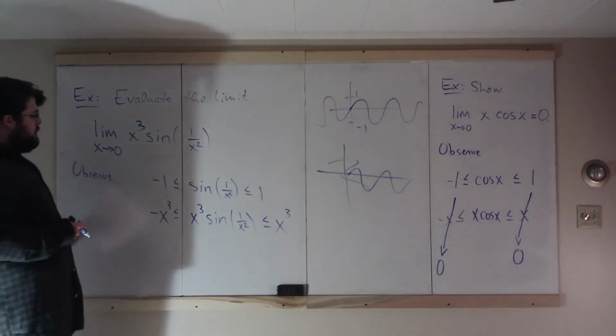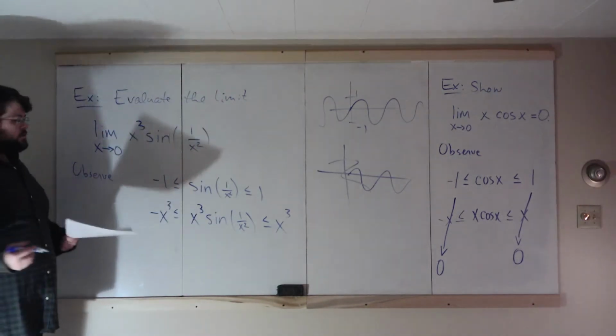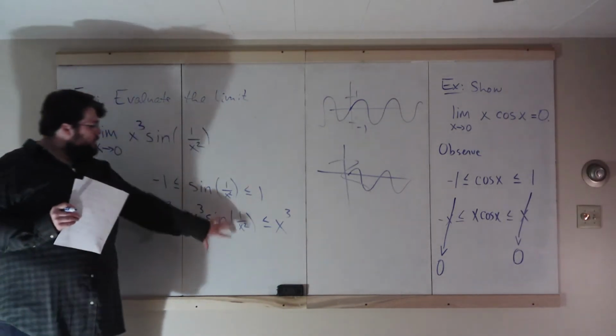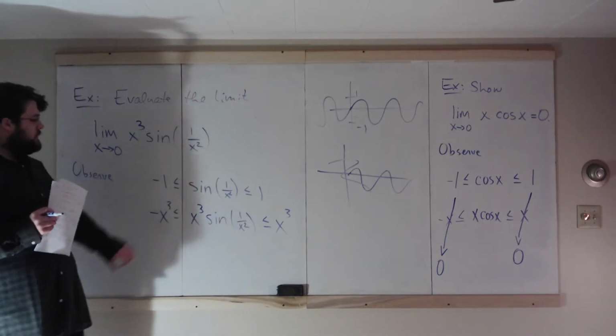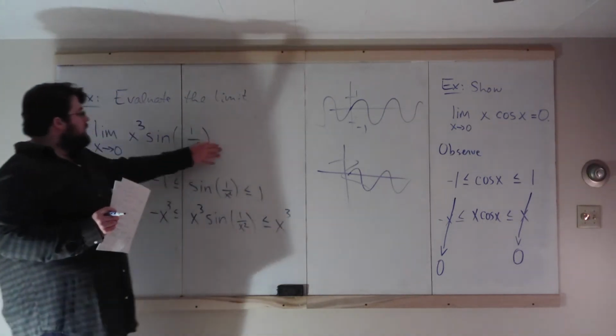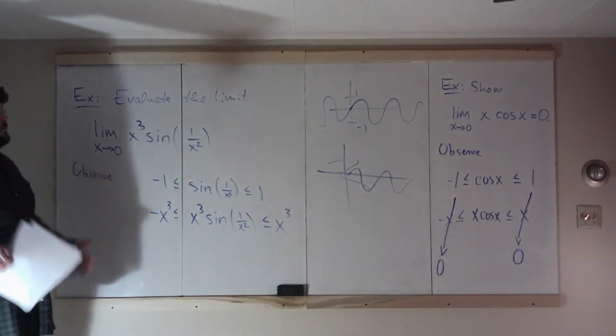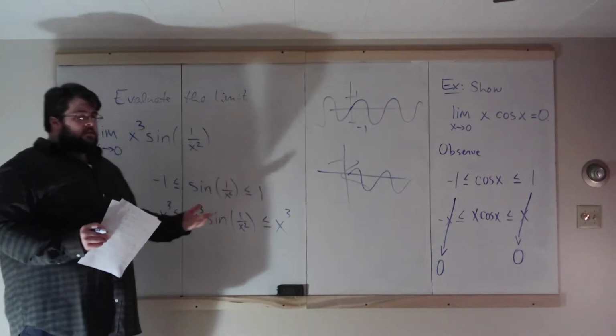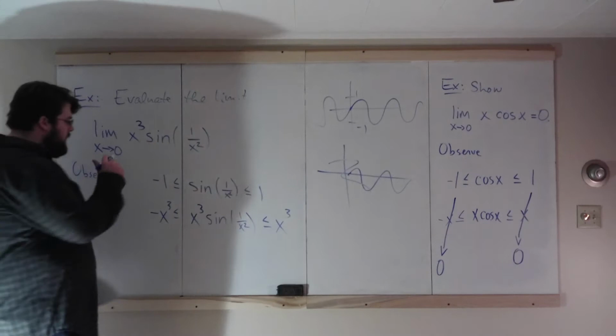Well, we again want the limit as x approaches 0. We have the function we want between these. So if the limit on this side is the same as the limit on this side, then we can conclude using squeeze theorem what this limit is. So what is the limit on this side?